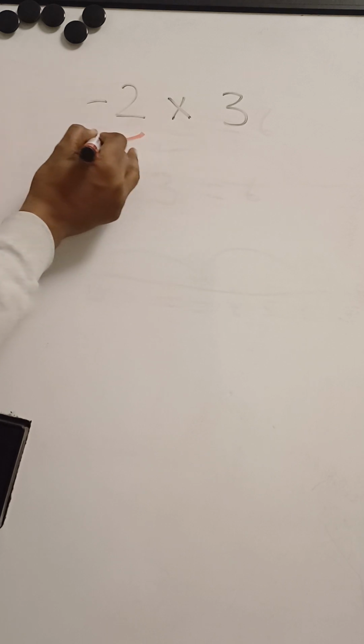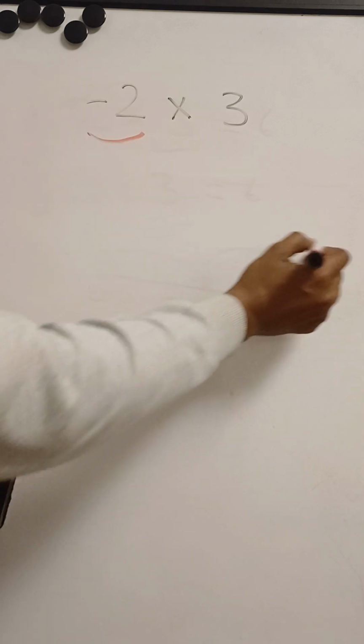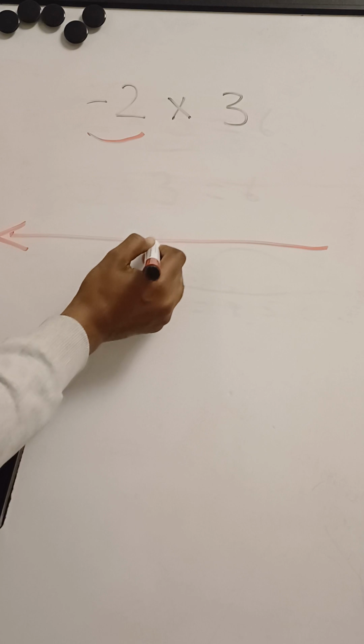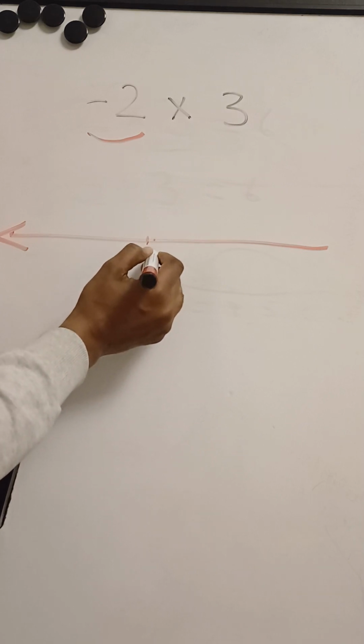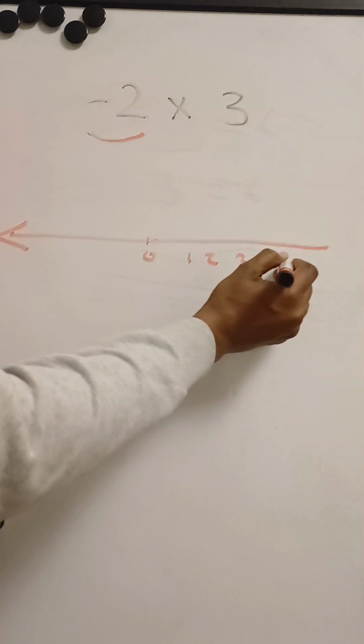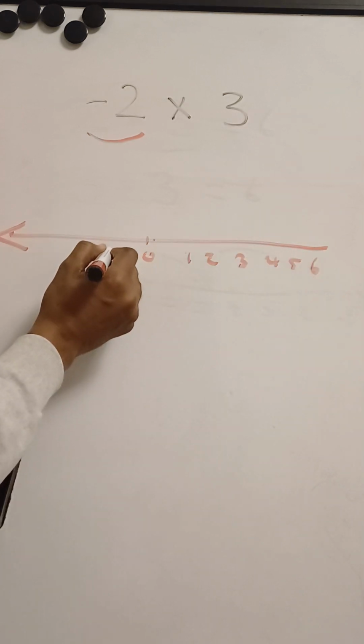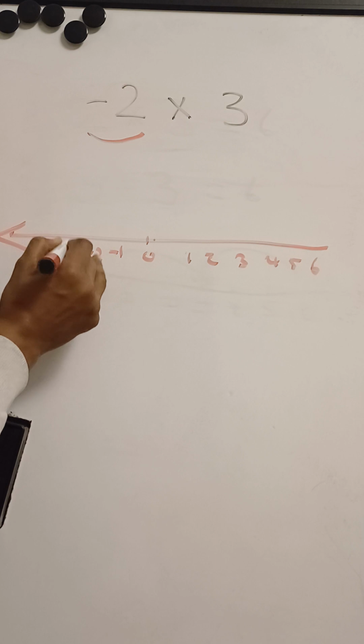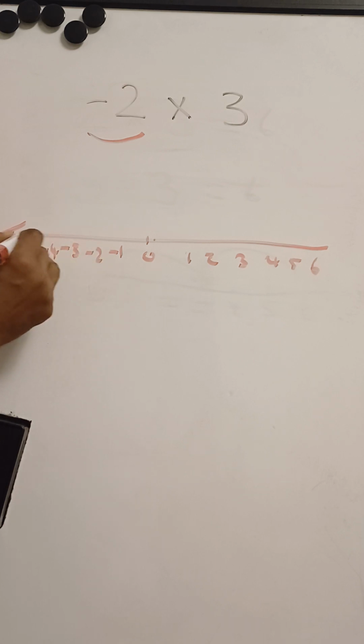Always consider that the first number in the timeline, minus 4, minus 5, minus 6.